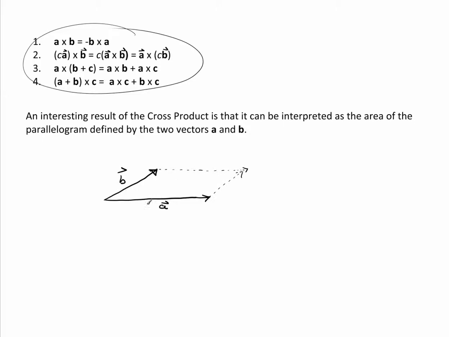And when I look at this component right here, with this being theta, this component here is the magnitude of B times sine of theta. And that's the height of this parallelogram. Now remember, the formula for the area of a parallelogram equals the height times the base. And here the height is equal to the magnitude of B times sine theta.